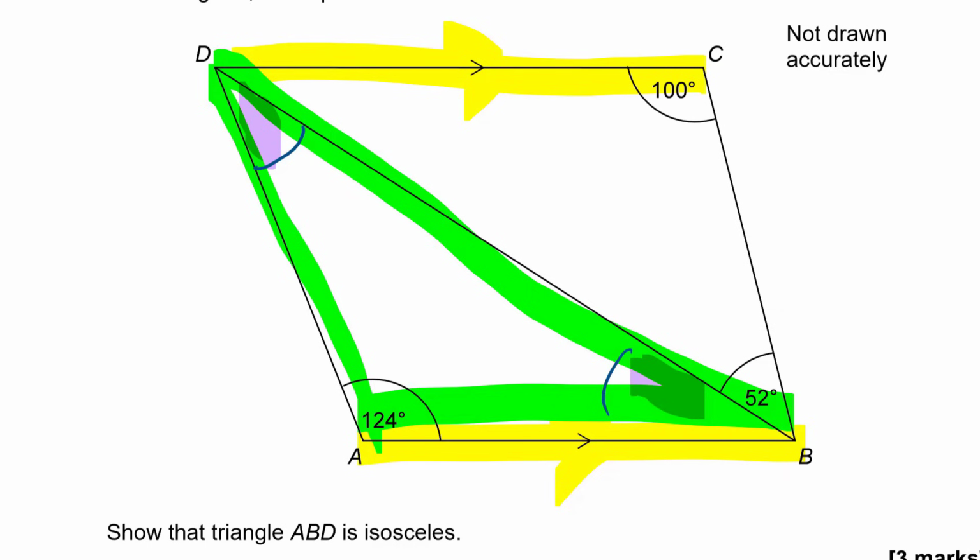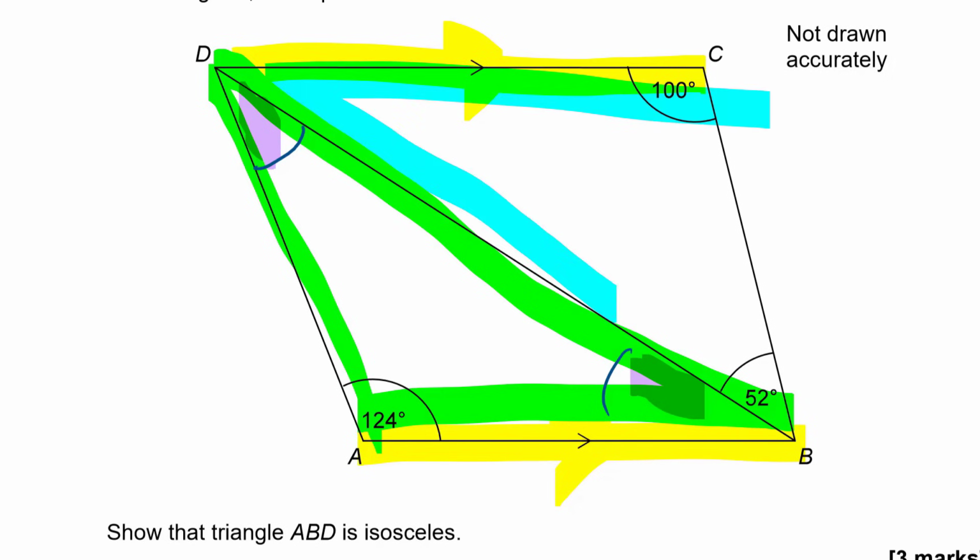Well, let's have a look at the other triangle first, the triangle BCD, which is, I'm making a bit of a mess of this diagram. It's this triangle over here, look. Okay, so the blue triangle, I know 2 out of 3 of the angles from the blue one. I've got 152.